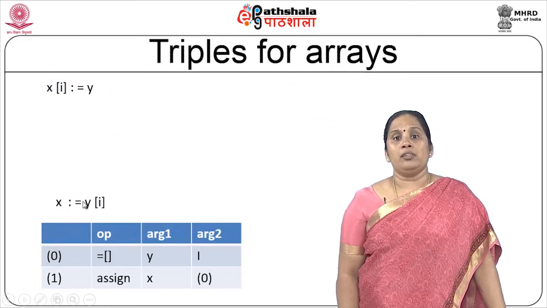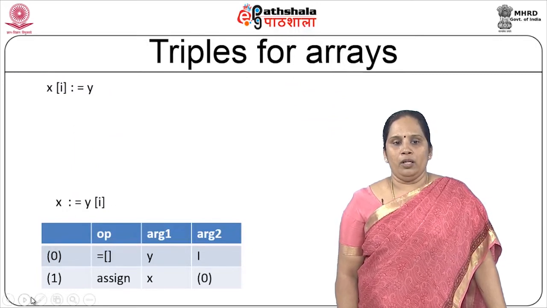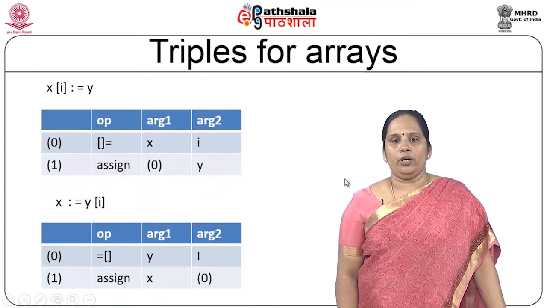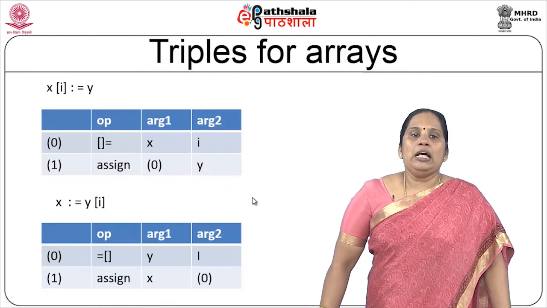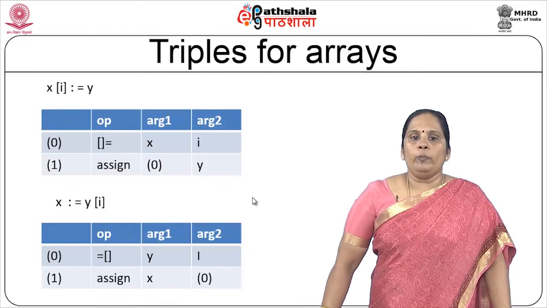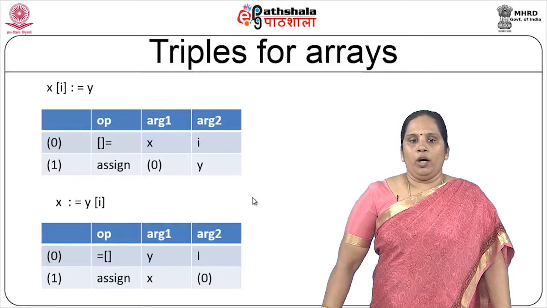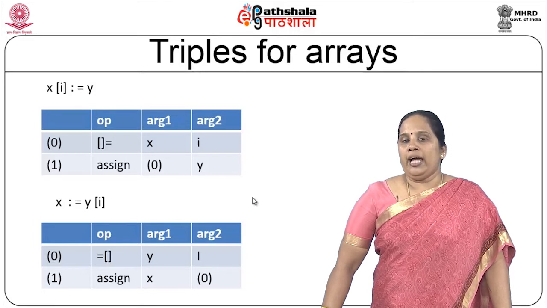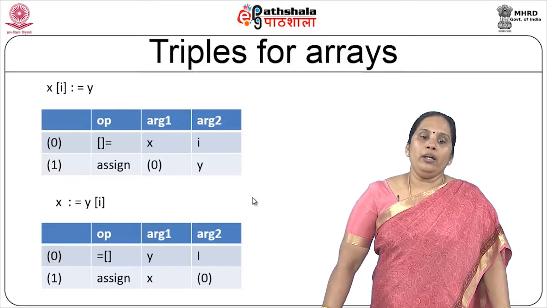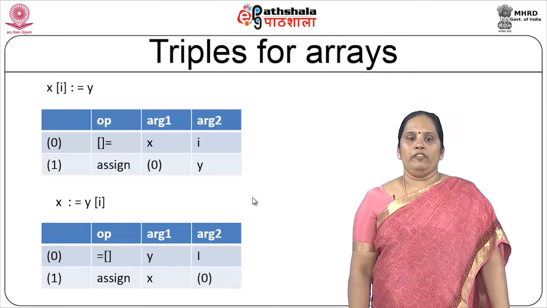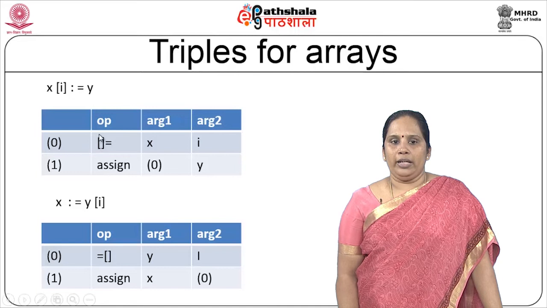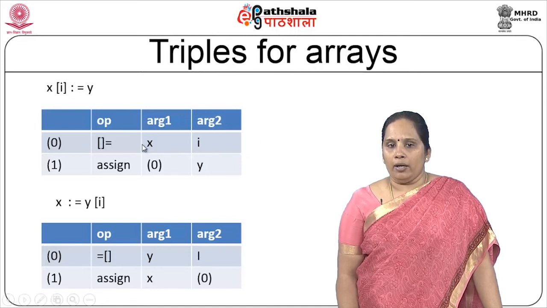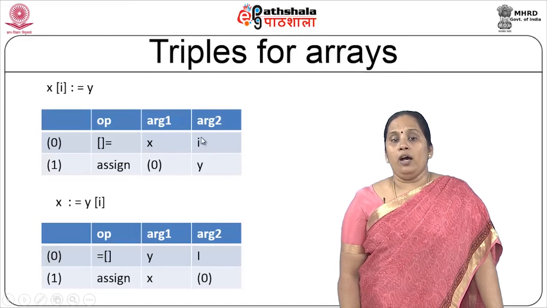How do I construct a triple for arrays? We know that an array has two formats: x of i is equal to y, that is assigning a variable to an array operator, or computing an array operator's value and then putting it into a simple variable x. The first one's operator is this index operator, where I will compute x of i, that is I will use x's address and offset with respect to i.